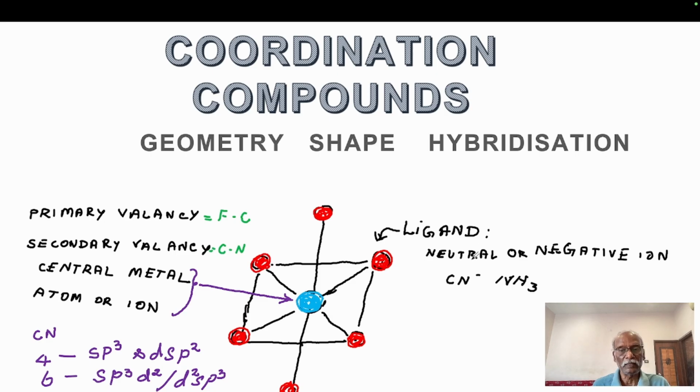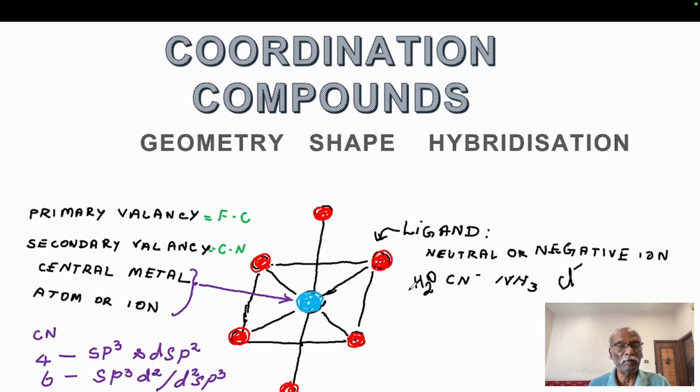Ligands are nothing but a neutral atom or a molecule, or a negatively charged ion or a molecule. Example: CN minus, NH3, even Cl minus, H2O. They are called ligands. What do they have in common?